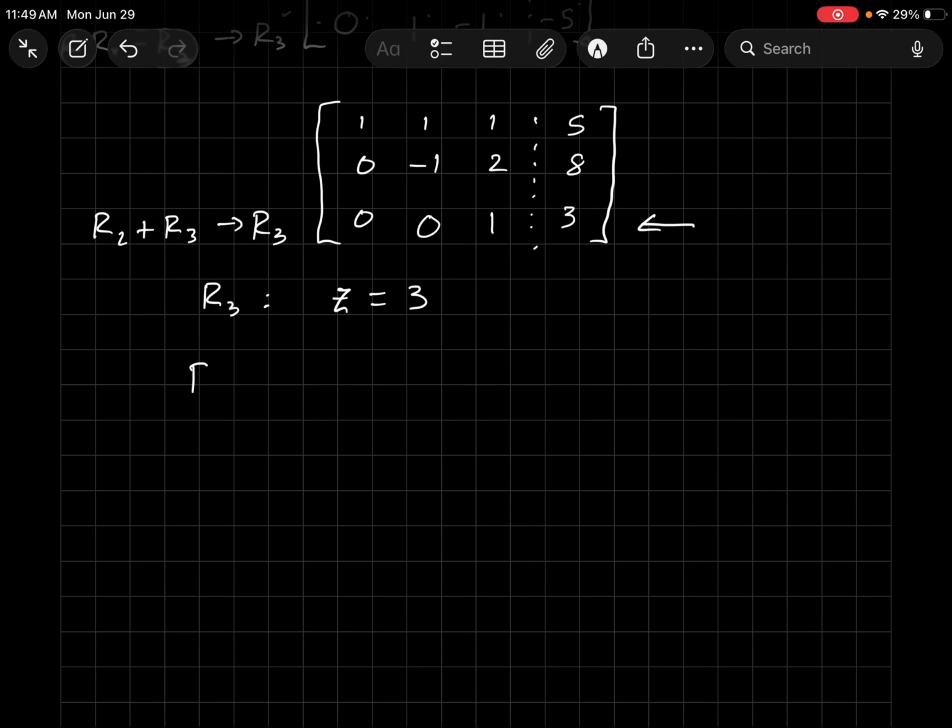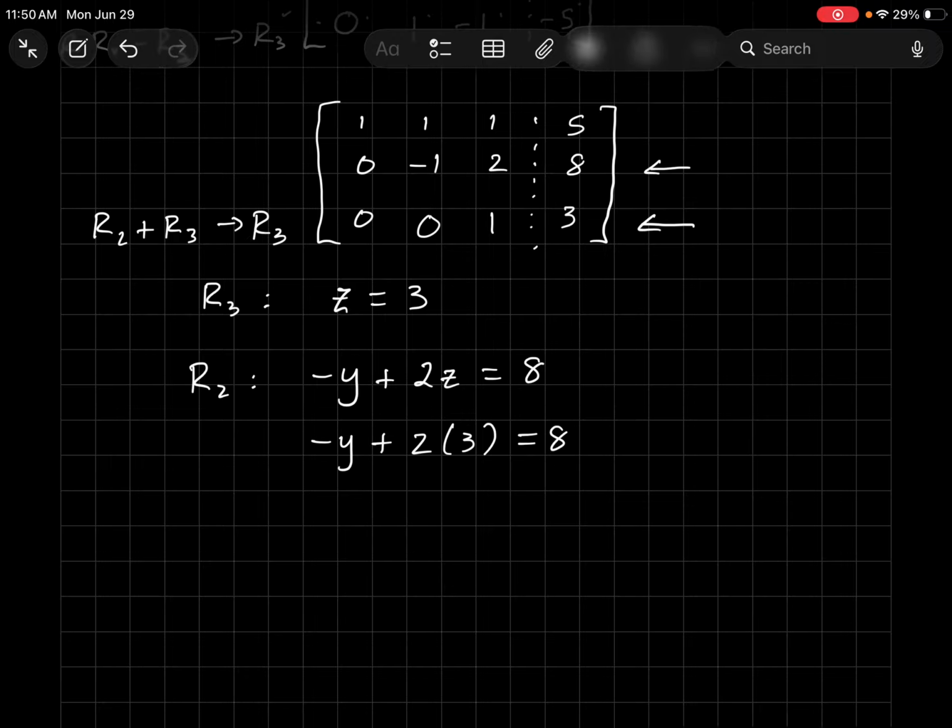Now if I look at row 2, that is my new row 2 up here, this says that negative y plus 2z equals 8. But I know what z equals, so I have negative y plus 2 times 3 equals 8, or y equals negative 2.